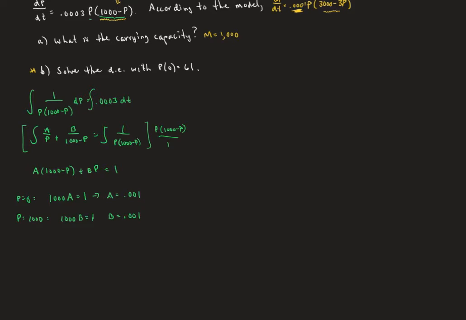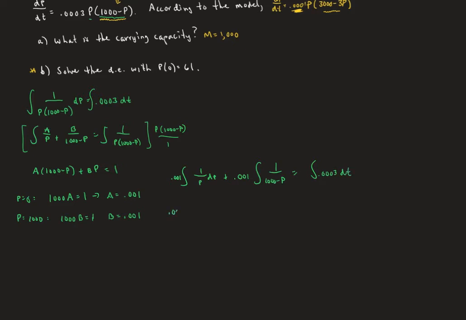So our integral has now become A, which I'm going to call 0.001, times 1 over P dP, plus we've got the B, which is 0.001, and that's 1 over (1,000 minus P), and that's going to equal, remember our other side of the equal sign, that 0.0003 dt.